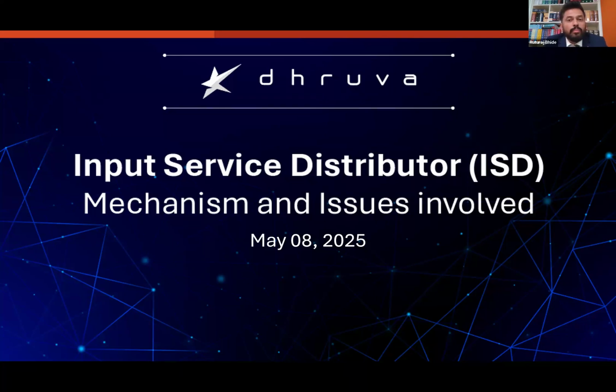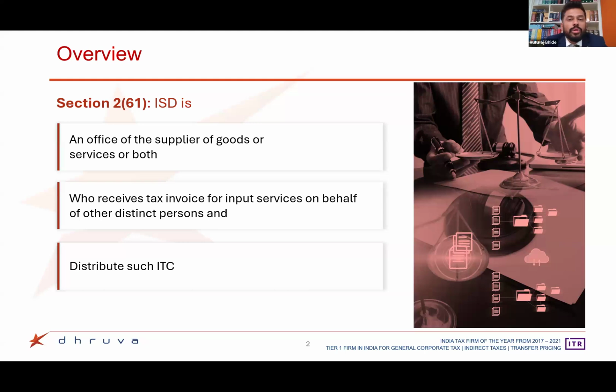Now, I'm sure many of you are aware or familiar with the concept of ISD, but for the benefit of all and in order to bring in the context, we will be spending some time to refresh about basic concept of ISD, the relevant provisions of ISD, and then we will get into a panel discussion wherein we will be talking about important areas that one has to be mindful of when we are dealing with ISD mechanism.